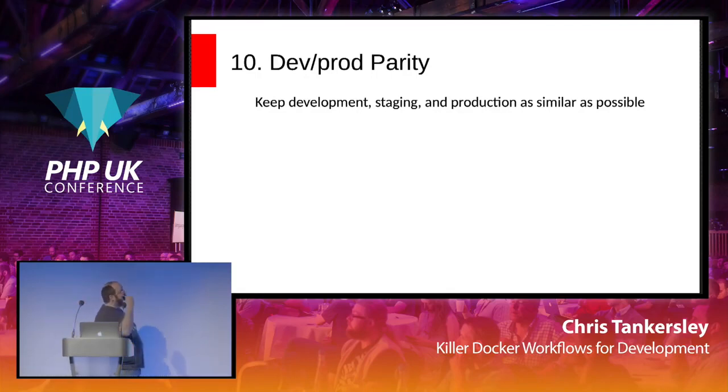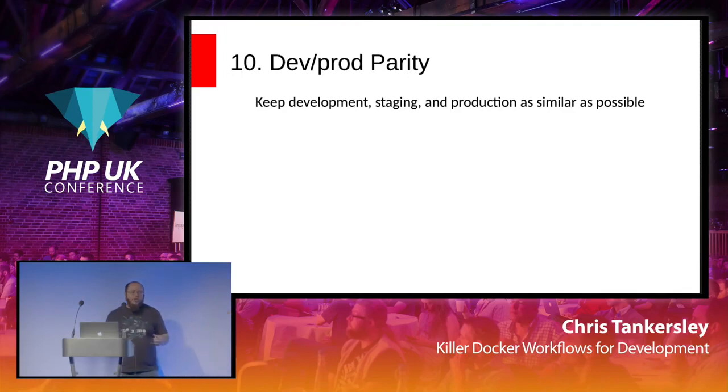We kind of get dev and production parity out of the box. Use the same image from top to bottom. That's the whole point of Docker, being able to use that same image. In your development process, use the exact same image that you build in production.